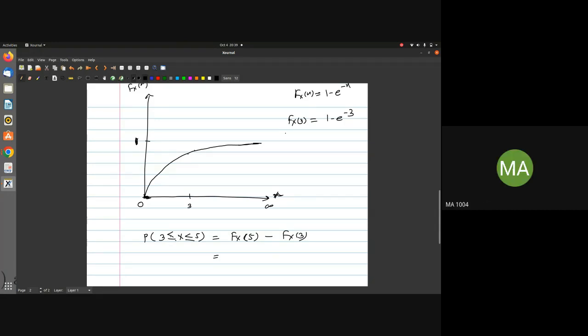Greater than 3 means 3.00001 something, and less than 5 means 4.9999 something.